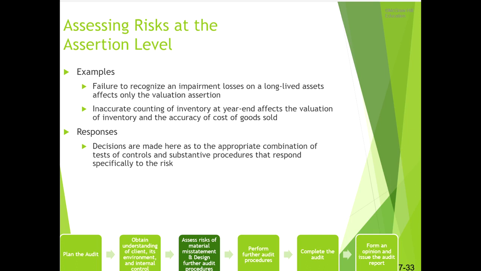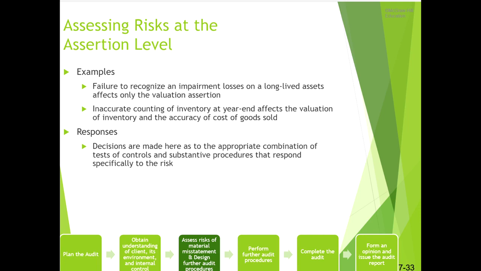If you remember that from your financial accounting courses, those would impact the valuation assertion, right? Impairment is, do we need to write down the asset? And that's all about valuation, right? So that's an example of a risk, that there might be some unrecognized impairments, and so we'd want to look at internal controls around that.